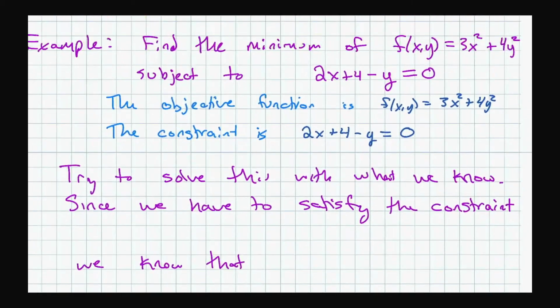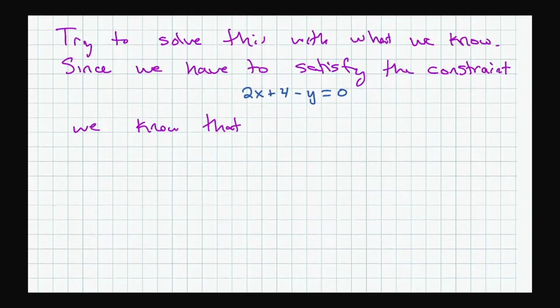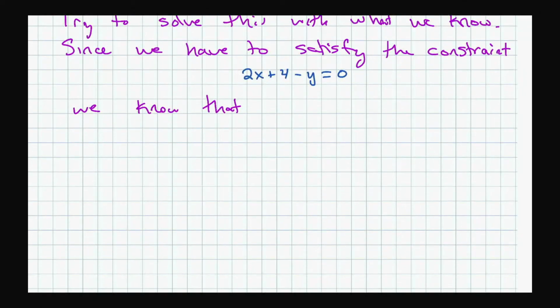What you could do is take your constraint here. Since we have to satisfy the constraint, which is 2x plus 4 minus y equals 0, you could solve this for y. Just move the y over, very simple. I'll also reverse the order: y equals 2x plus 4, right?